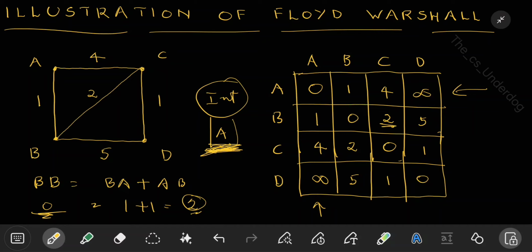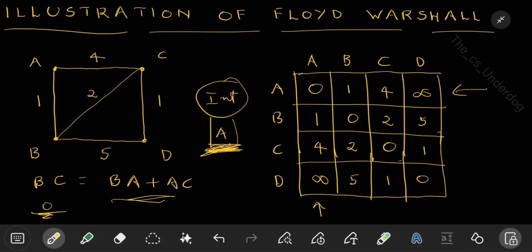Next, let us consider this one, BC. If you consider BC, it will be BA plus AC. One more thing, when I am taking these values, ideally I should not directly take it from the graph. I should see this matrix. In this matrix, whatever are the values, that is what I want to pick. So if I say BA, which corresponds to this particular block, the value is 1.